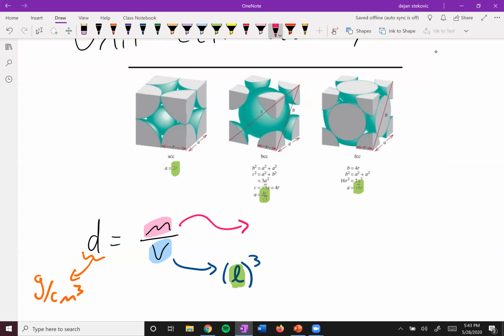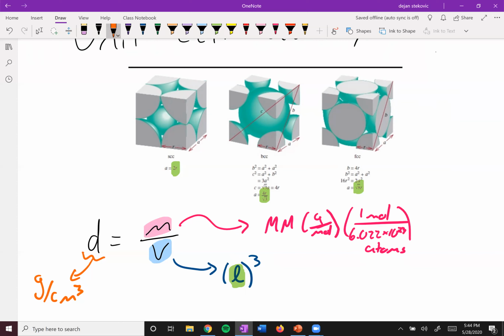What we can use is molar mass. So molar mass has units of grams per mole. And then what we can do is divide by Avogadro's number, right? So 6.022 times 10 to the 23 atoms per 1 mole.